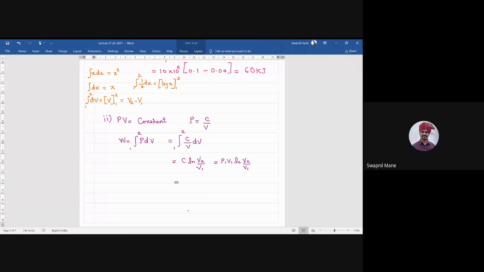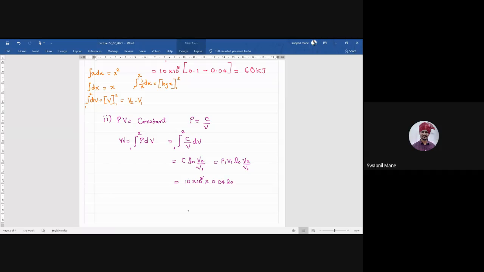Yes, sir. So what is P1? Value of P1? Sir, 10 into 10 raised to 5 Newton per meter square. Correct. 10 into 10 raised to 5 Newton per meter square into V1. V1 is the initial volume, 0.04 meter cube. Right.